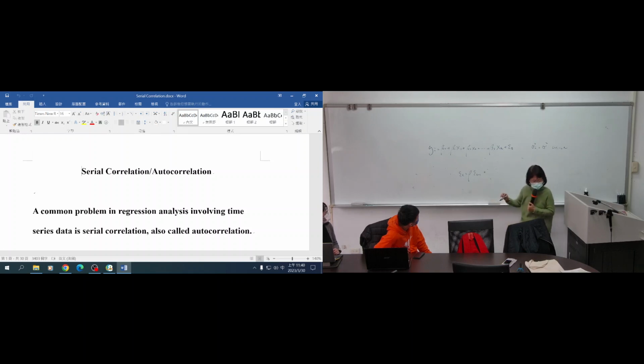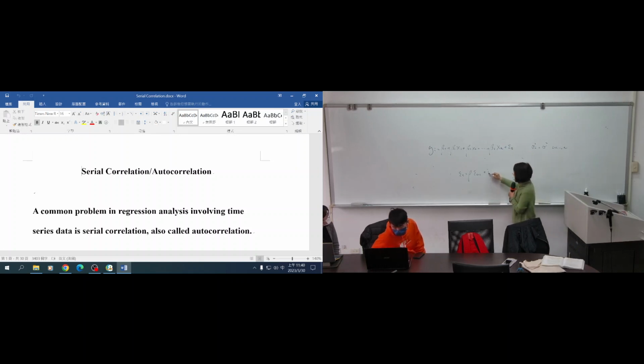what's the notation in our textbook? I'm using u t.